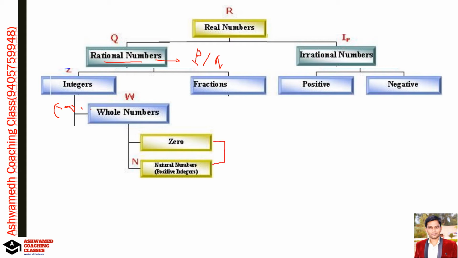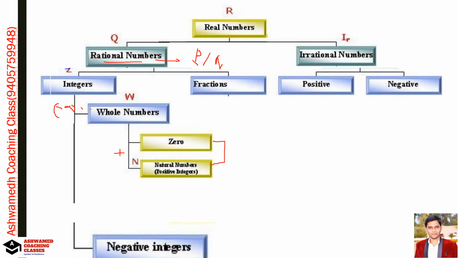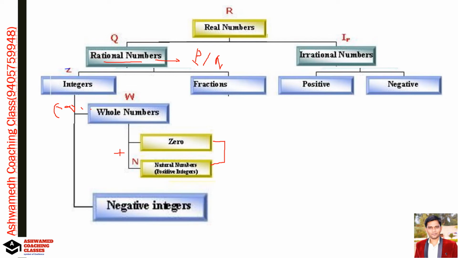Natural numbers are 1, 2, 3, 4, 5, and if we add 0 to them, we get the whole number set. And after that negative integers are there, which we have seen in detail.